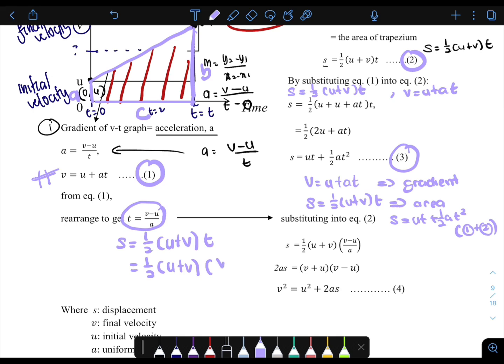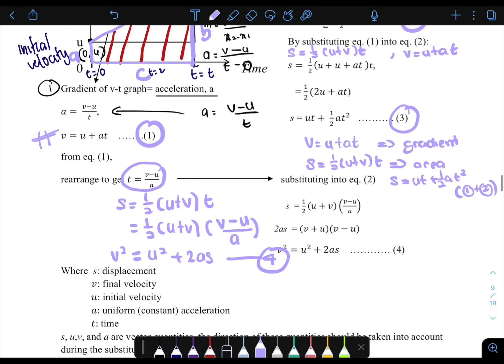In (U plus V) multiplied with T, we substitute (V minus U) over A. Then you do your maths, you simplify the equation, and you will end up with V square equals U square plus 2AS. This is our last and final equation for kinematics of linear motion: V square equals U square plus 2AS.